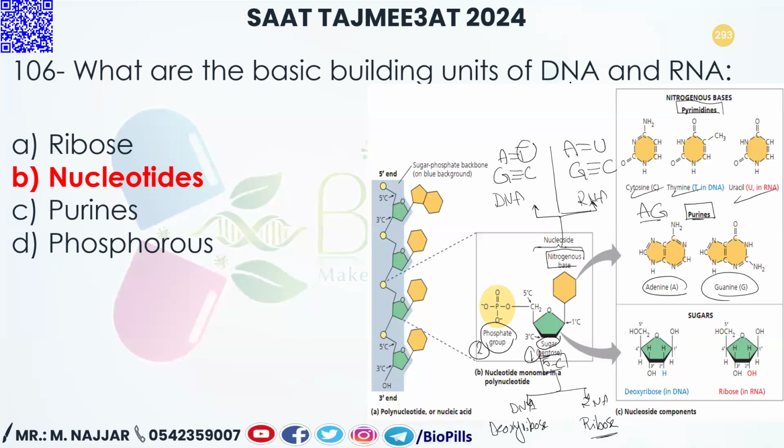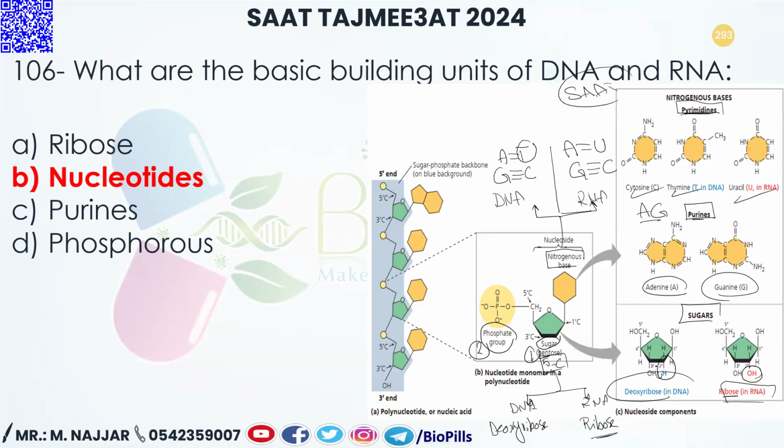He asked one question in SAAT about the families. I know it's a little bit confusing, but it is important. It came before. And the sugars, I did mention before that DNA is deoxyribose. If you have a look here, one oxygen has been removed, while in the ribose, the oxygen is there. So this is ribose sugar.